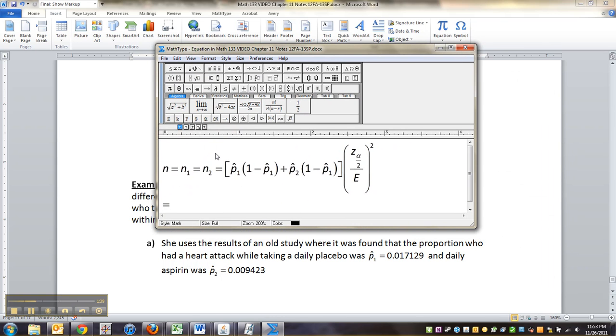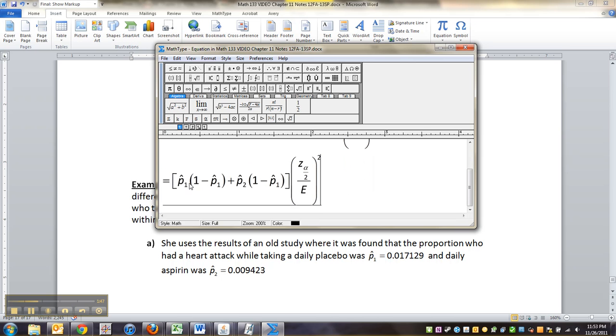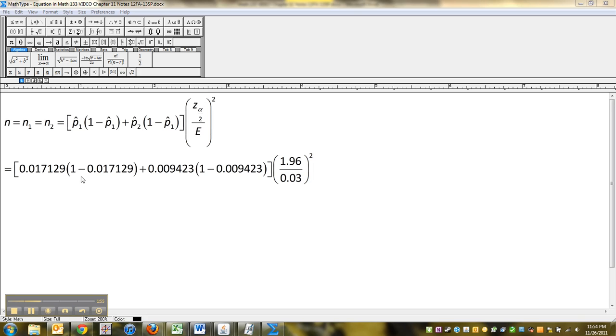So let me write it out. So bracket, and instead of the P1 hat, I'm going to write 0.0179.